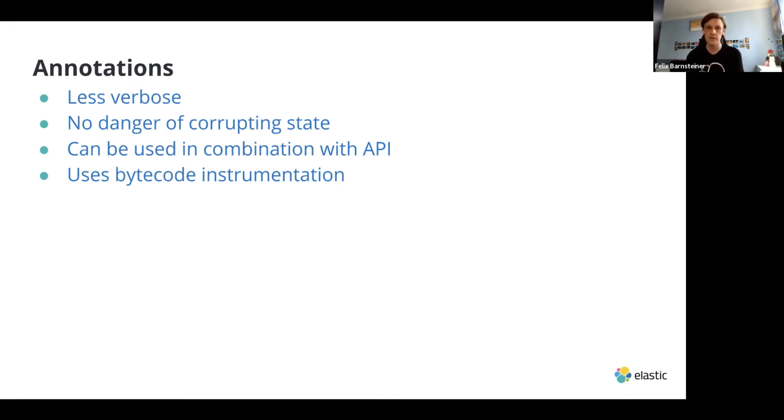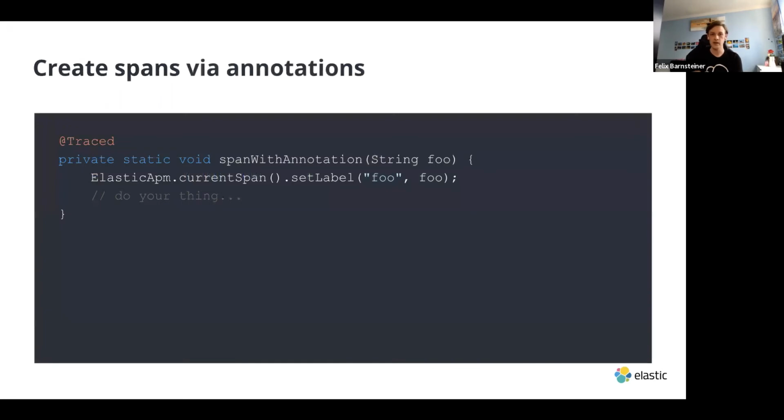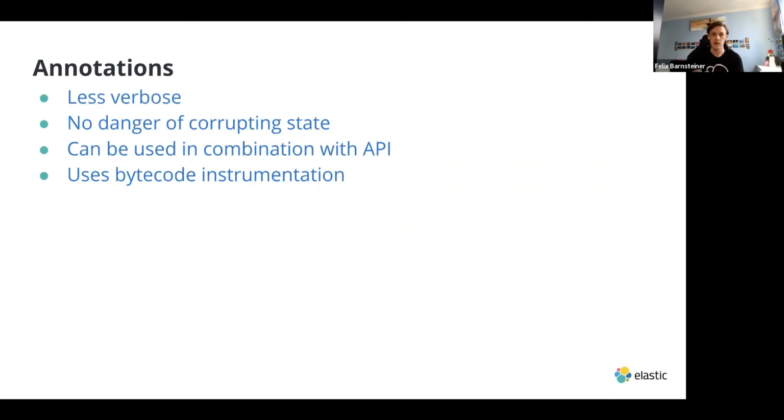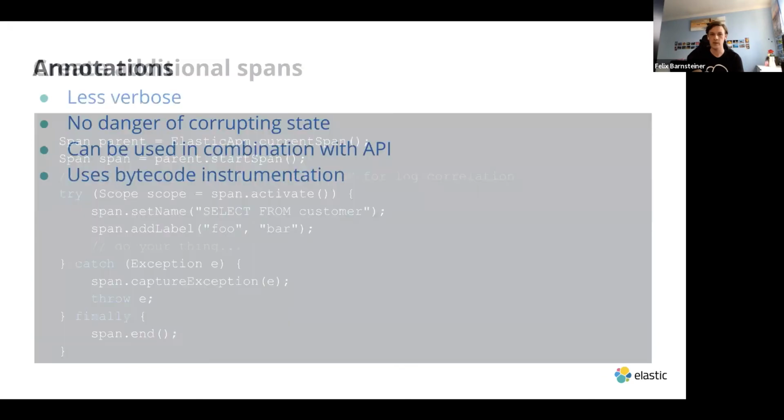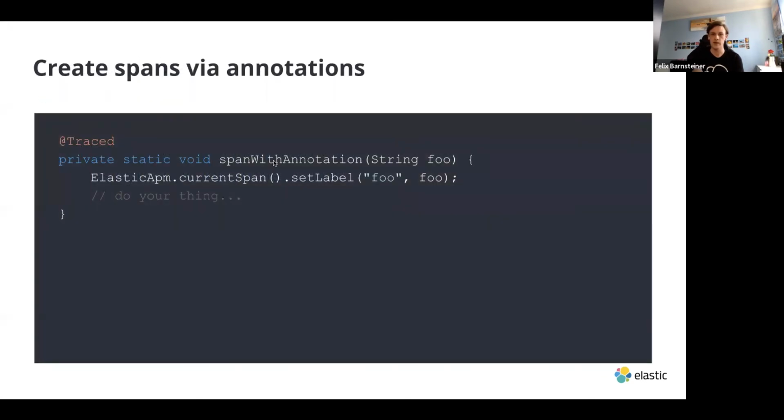So that basically uses bytecode instrumentation. You annotate your methods with a special annotation here, @Traced, and that basically does almost exactly the same thing as this one, and the span will be named just after the method here.